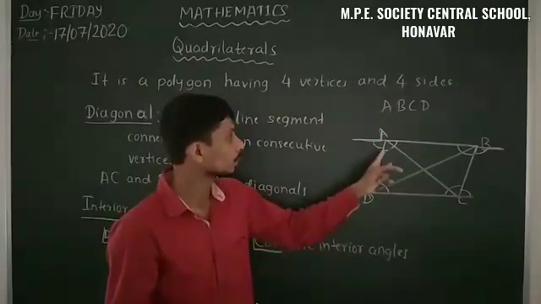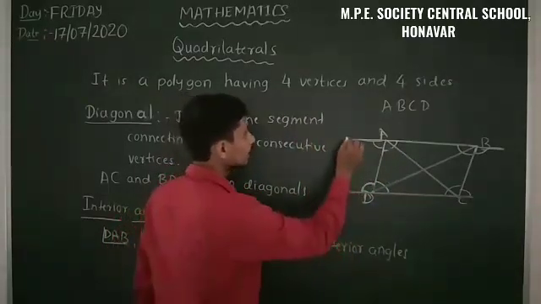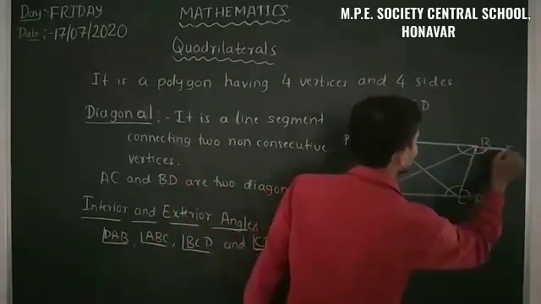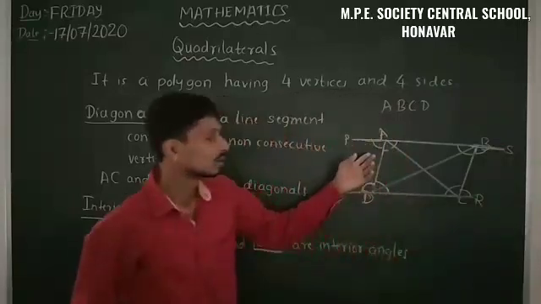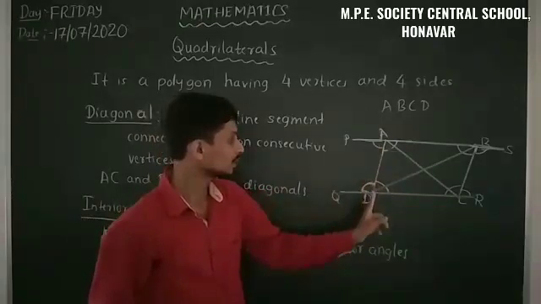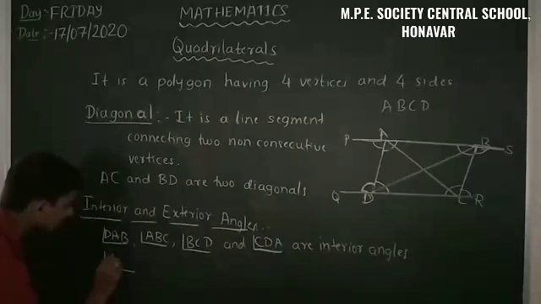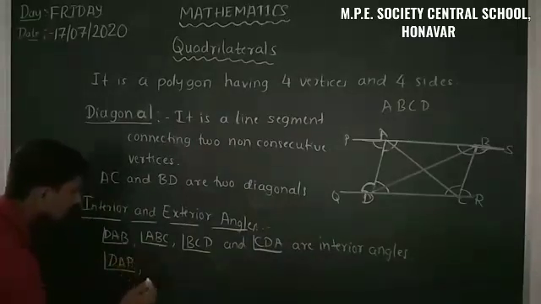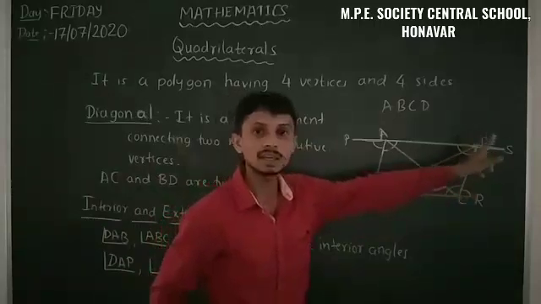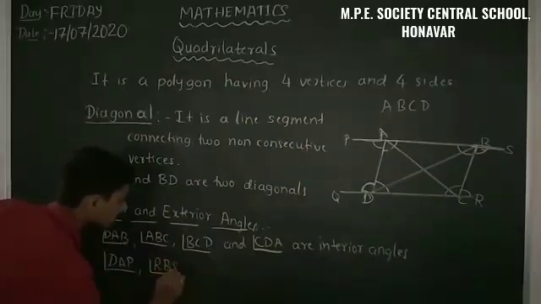So for vertex A, I will call the extension points P, Q, R, S. At vertex A, angle DAP is the exterior angle. At vertex B, RBS is the exterior angle.